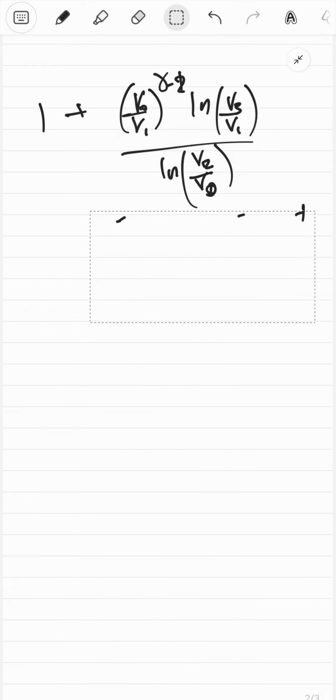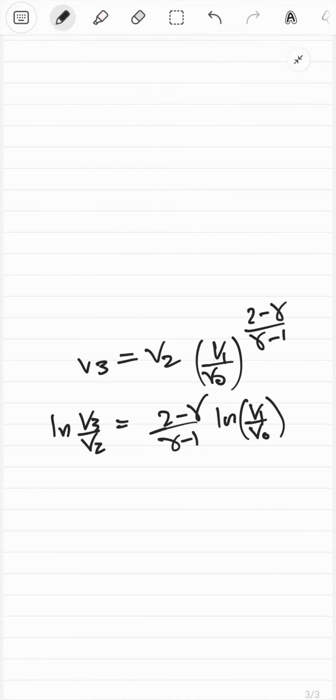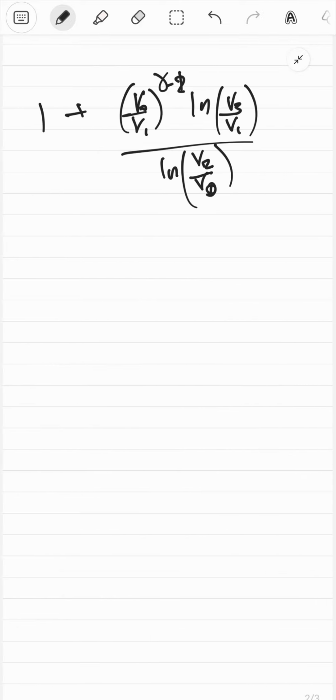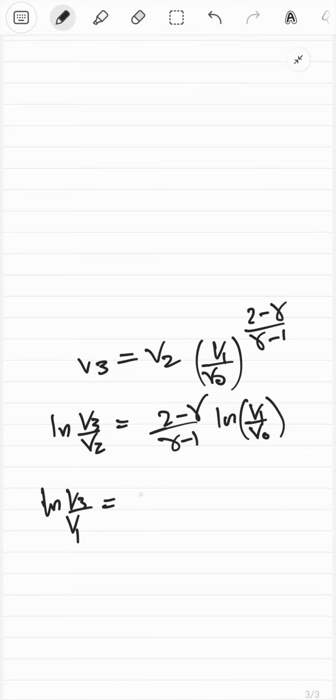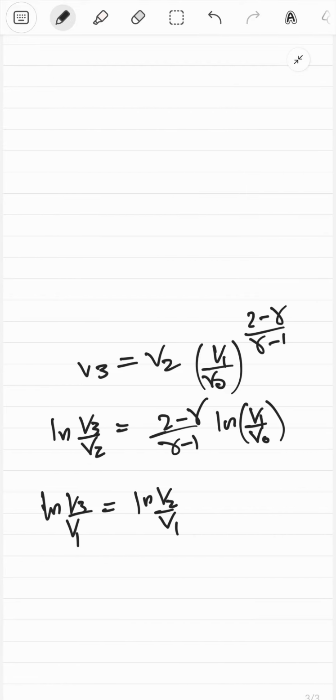Okay, and now time for doing stuff the correct way. So you want to write this equation, so using that you can say that natural log of v3 upon v1, because that's what we really want, is just the natural log of v3 upon v2 plus natural log of v2 upon v1 or v2 upon v0. Okay, you will have 3 terms.